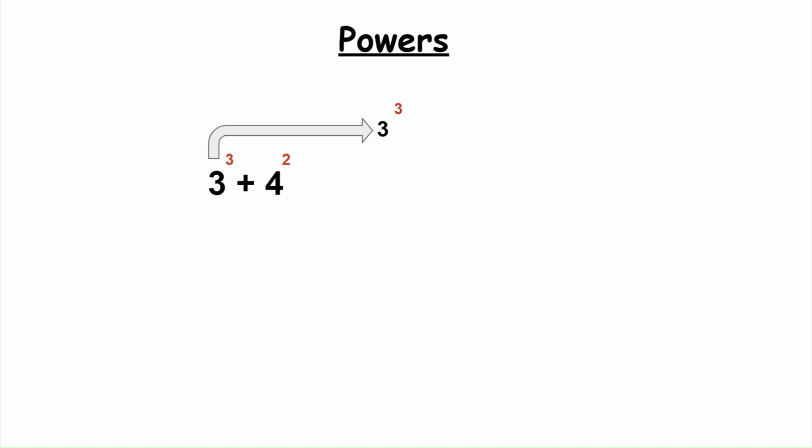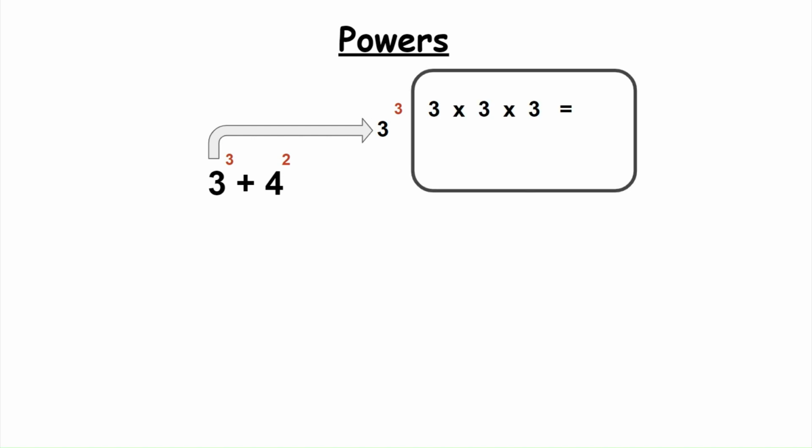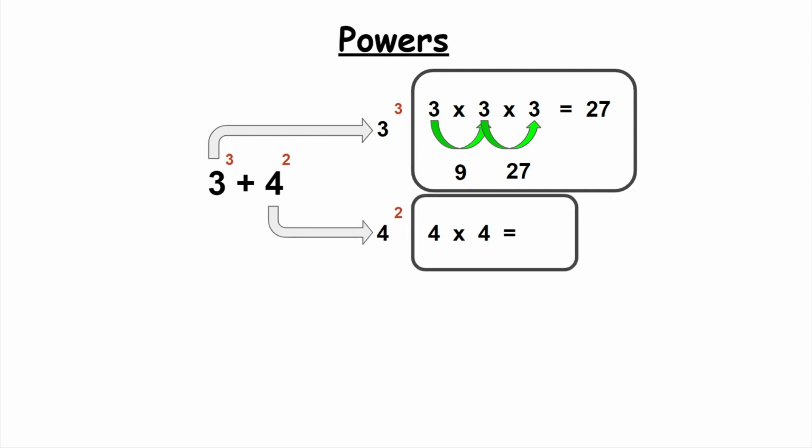Starting with 3 to the third power. So 3 to the third power expanded is 3 times 3 times 3. 3 multiplied by 3 is 9, and 9 multiplied by 3 is 27. So 27 is the value of 3 to the third power. Next, 4 to the second power expanded is 4 multiplied by 4, which is 16.